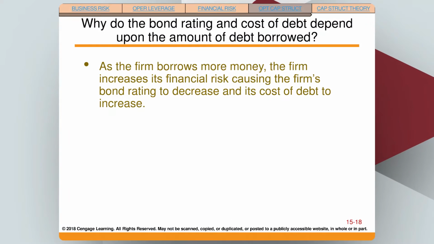Causing the firm's bond rating to decrease and its cost of debt to increase. Alright, so very important is that, no? As the firm borrows more money, the firm increases its financial risk, causing the firm's bond rating to decrease and its cost of debt to increase.